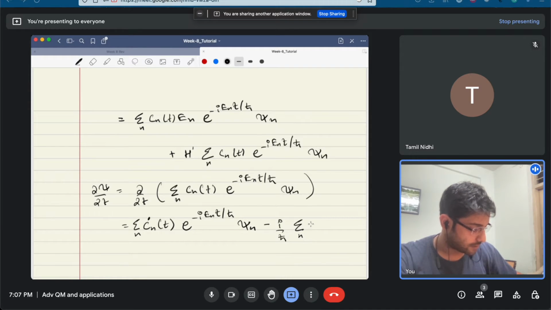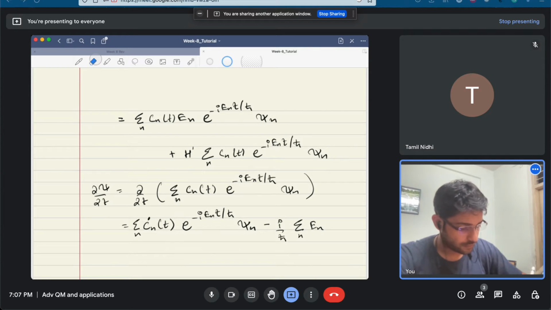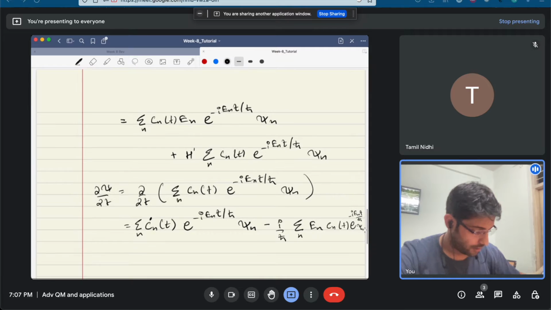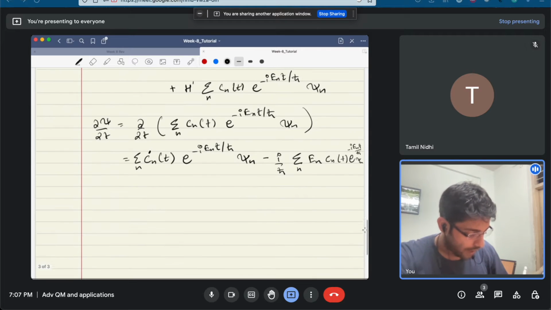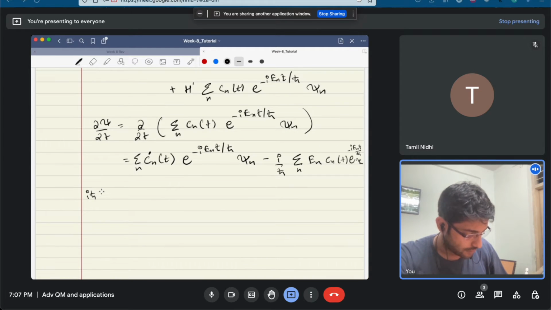So what we get is En Cn of t and the exponential with psi n.